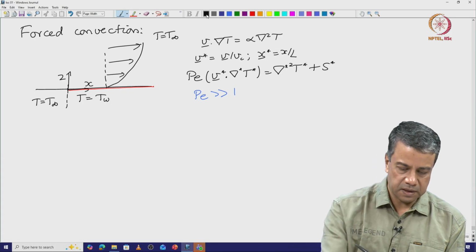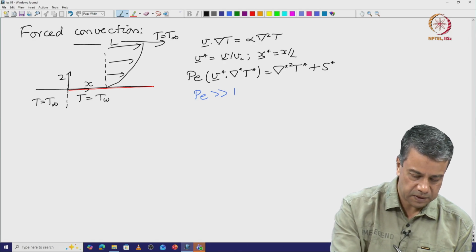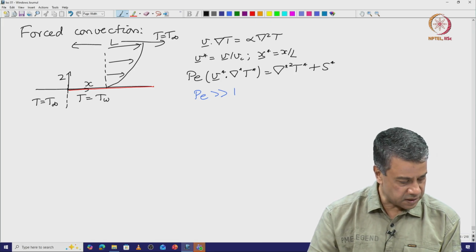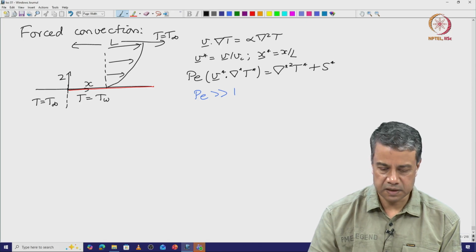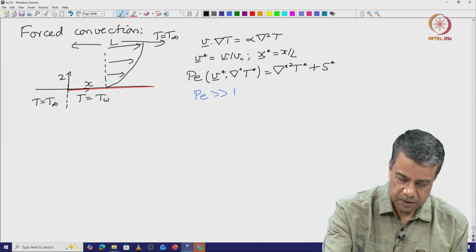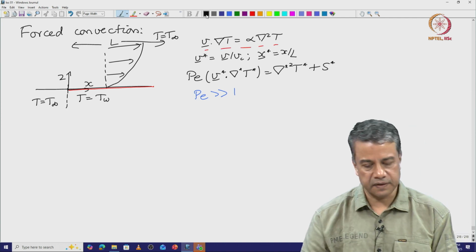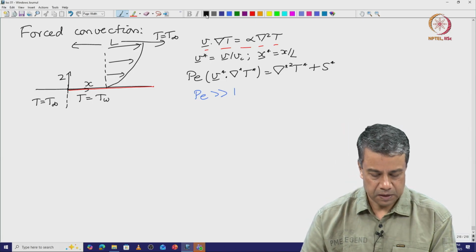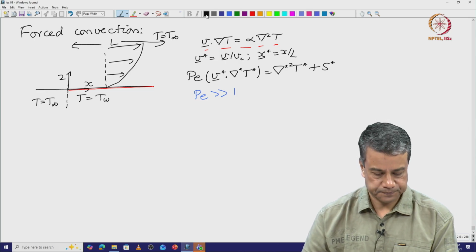Let us consider that the total length of the heated section is L, and the velocity in the x direction is Vx. So, this V dot grad T is equal to alpha del square T. I have considered a steady state configuration where the time derivative is neglected.